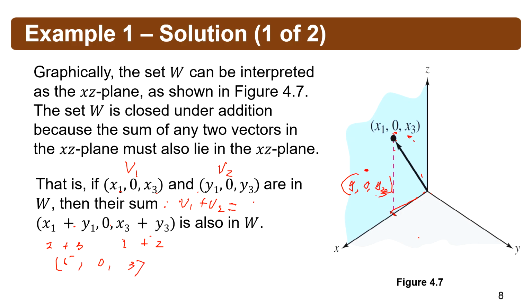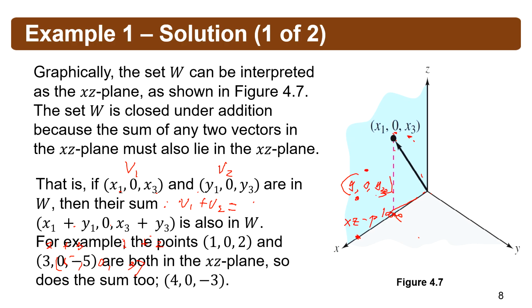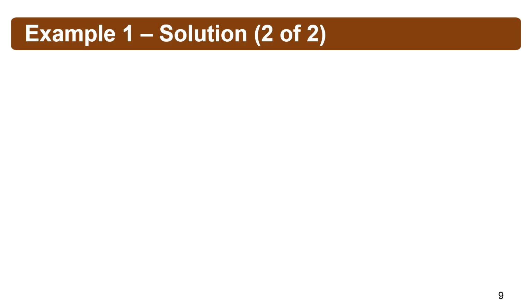You move 5 units, then you stay here because it's 0, then you go up 3 units. So this point is still on this XZ wall. We call this the XZ plane. So it is a subspace closed under addition.